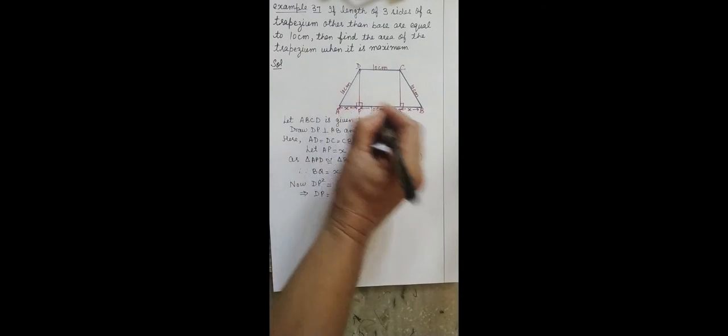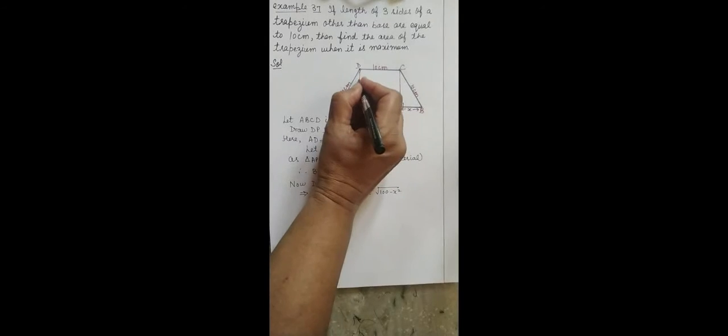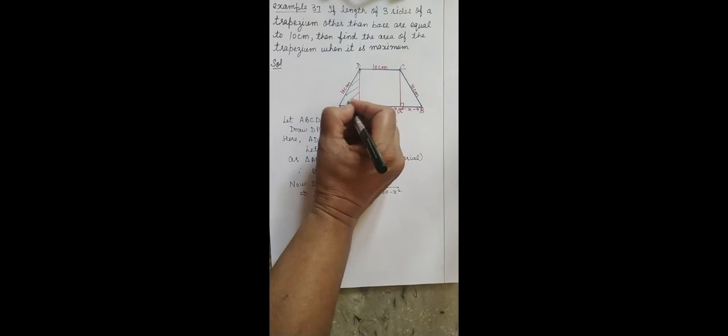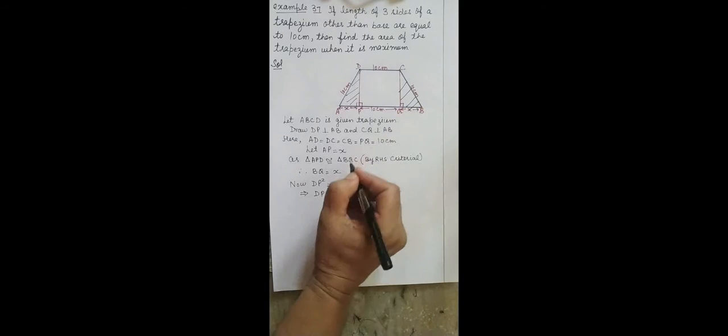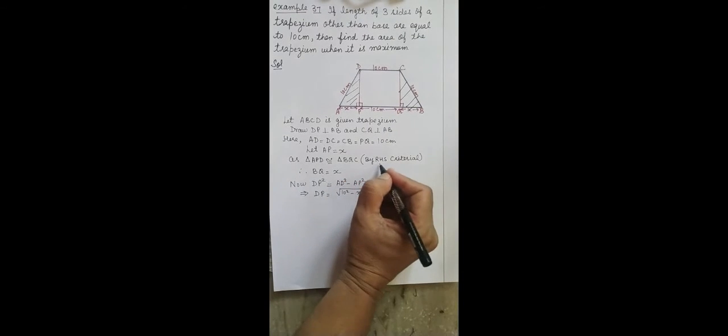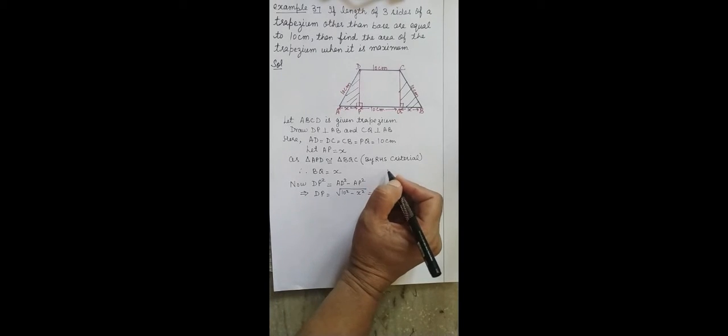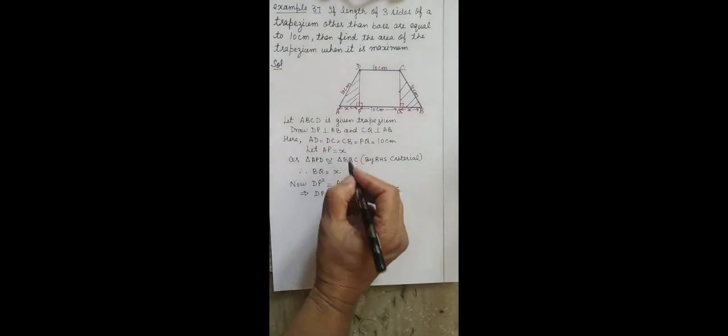clearly my QB will also be equal to x, because triangle APD will naturally be congruent to triangle BQC. This is by the RHS criteria, right triangle hypotenuse side criteria. How? These two are right angle triangles because I have drawn perpendiculars, right?